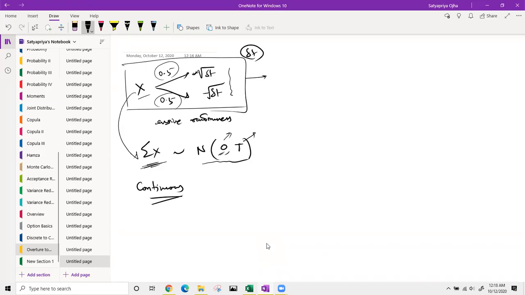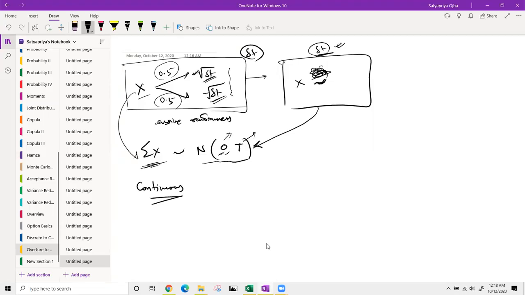Within time delta t, I can achieve only 2 states. This is in discrete. In continuous world, within the same small time delta t, I don't need 0.5 and 0.5. I need to have a distribution. If you specify a distribution, then everything is possible. Distribution as in continuous distribution, not discrete distribution. What kind of distribution can I have in this small time so that this will lead to exactly this in the aggregate?